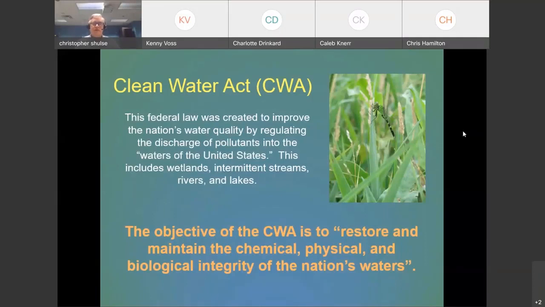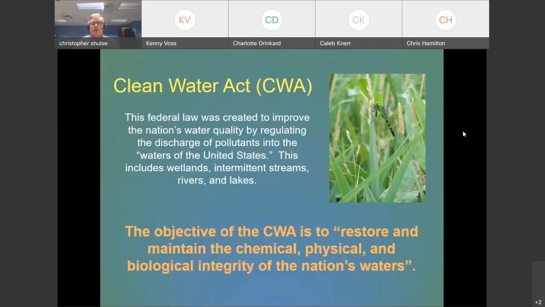This is why it's important that our office keeps up with the rules, the regulations, court cases, congressional actions, because the definition of waters of the United States dictates what is jurisdictional under the Corps' regulations and what's not. And so that translates to what you need a permit for or what you don't need a permit for. But broadly, the definition of waters of the United States includes wetlands, intermittent streams, rivers, and lakes.